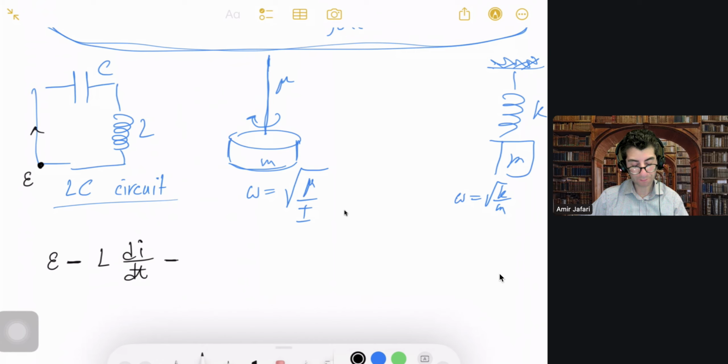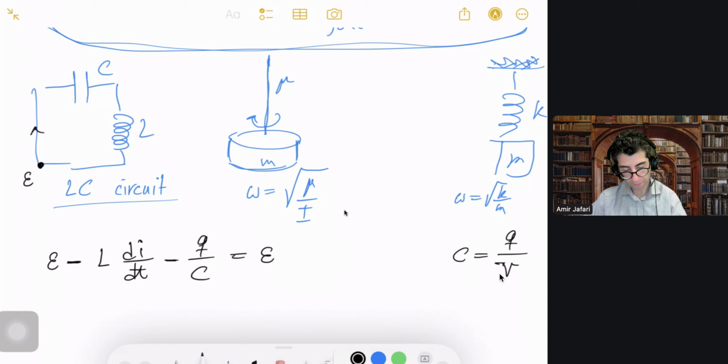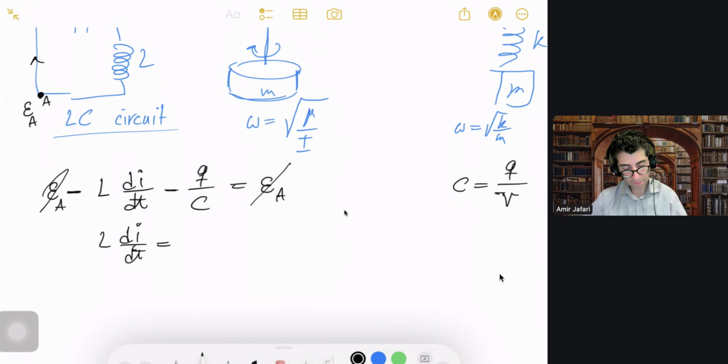And when you pass the capacitor, basically you have a drop, because capacitance is defined as the charge over potential difference. So V would be Q over C, so you're going to get to the same point. Say this is point A, this is the potential at point A. So from here, what you get is L di/dt equals minus Q over C. I is the electric current, and I is basically defined as dQ/dt.